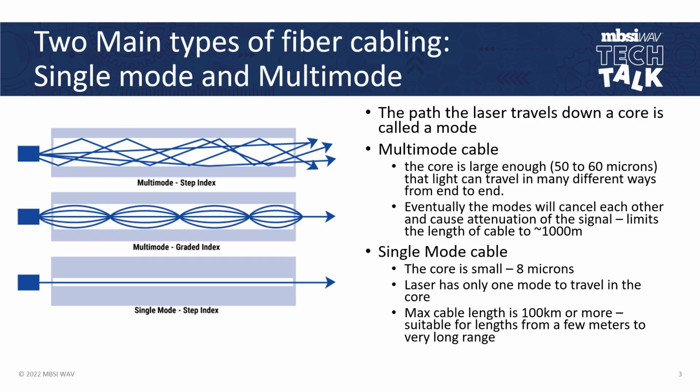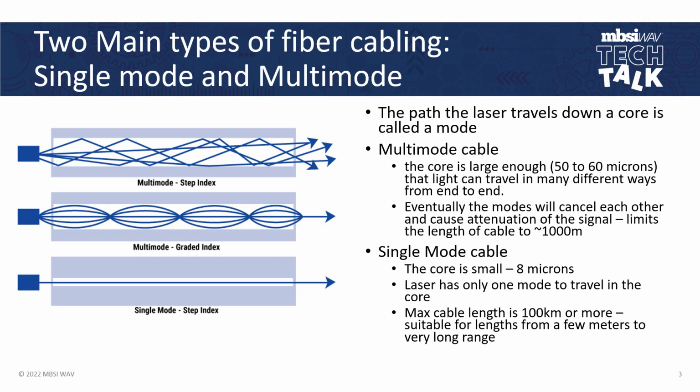Typically, multi-mode cables are much shorter than that, and they use a large core, 50 to 60 microns. The reason it's called multi-mode is that there are many ways the light can travel from one end to the other. But it still reflects off of the cladding, which is a different refractive index, as I mentioned before, and so the light does stay inside the multi-mode cable, but the distance that we can go is determined by how we can recover that fiber optic signal at the other end.